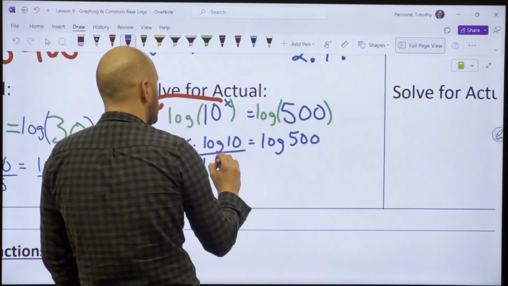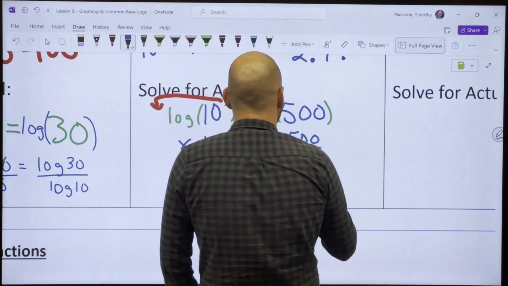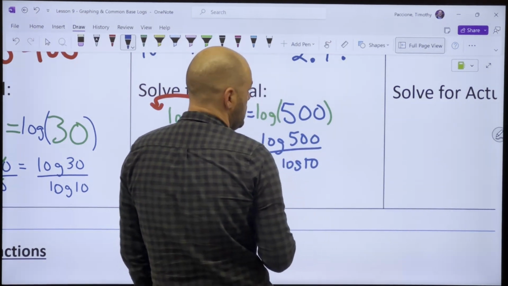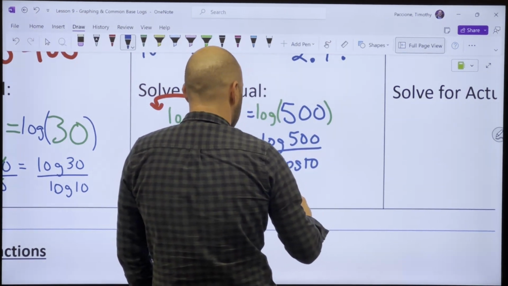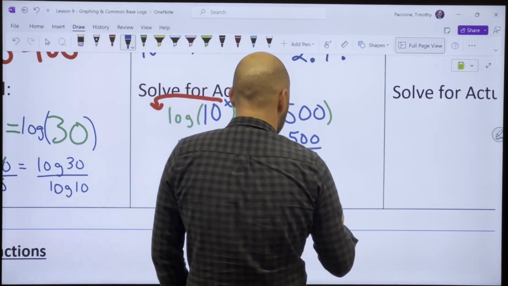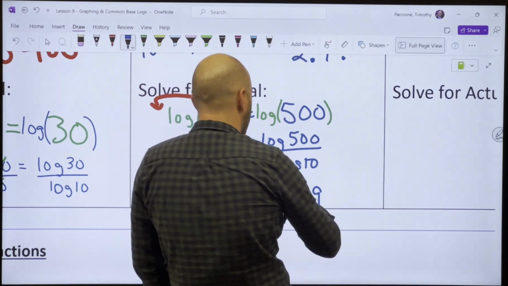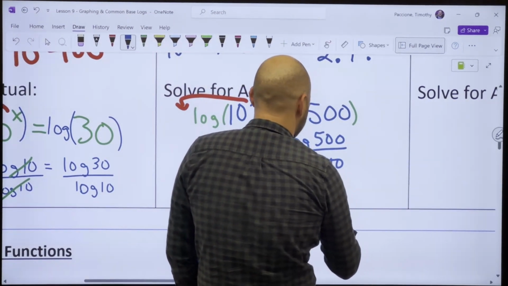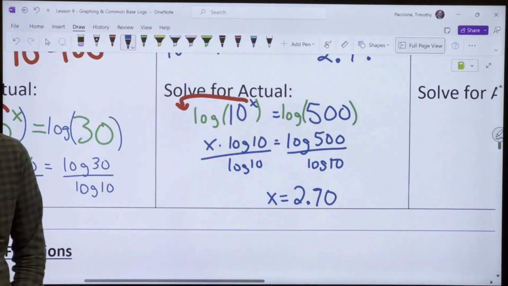Divide by log of 10, and I get x equals 2.699. Well, if we rounded, that would be 2.7. What a guess. Good job.